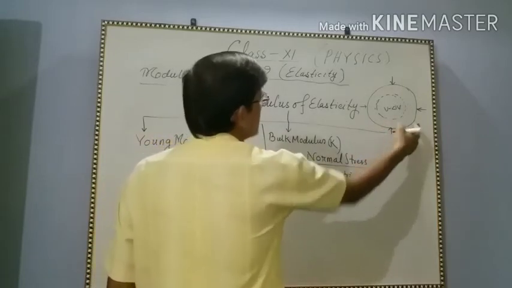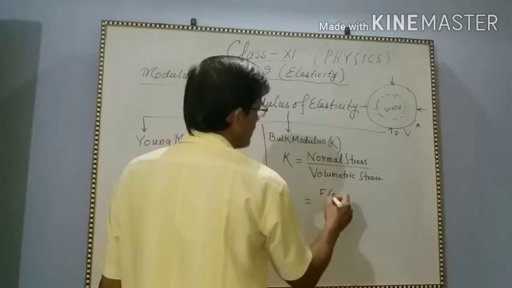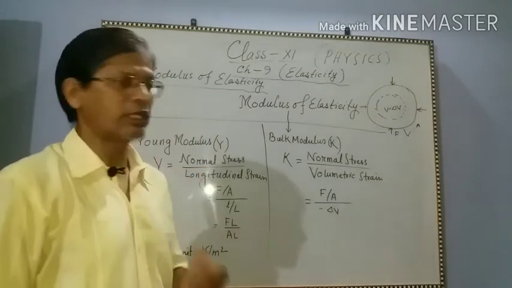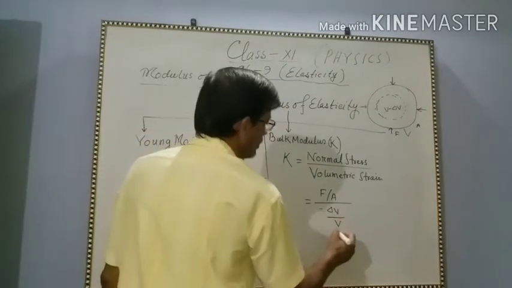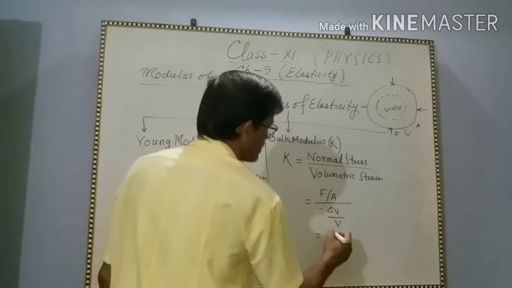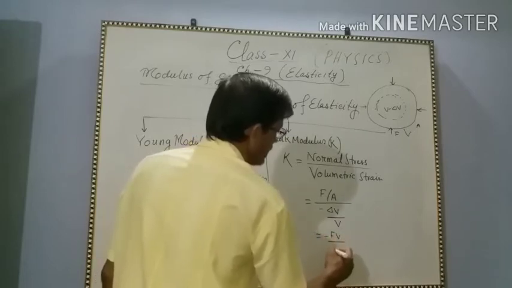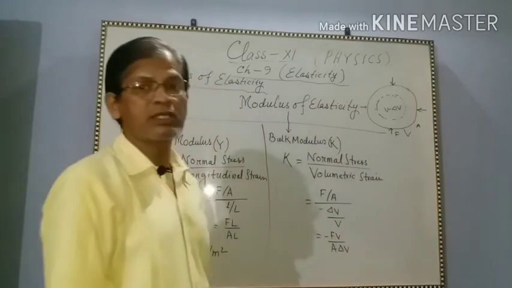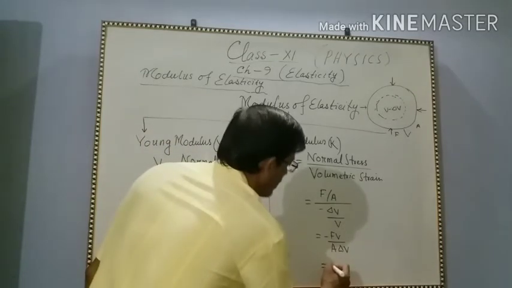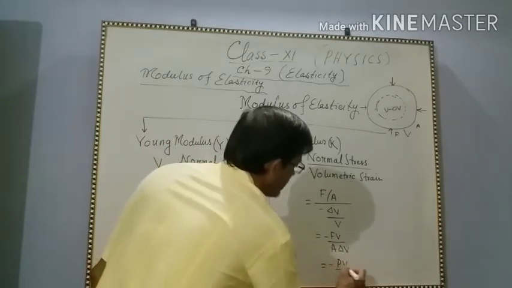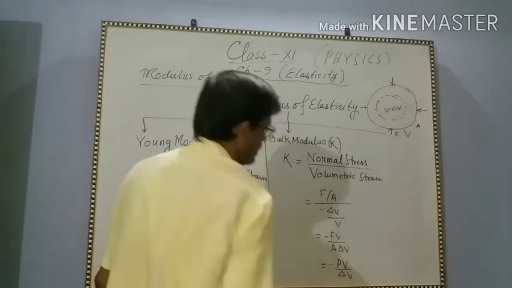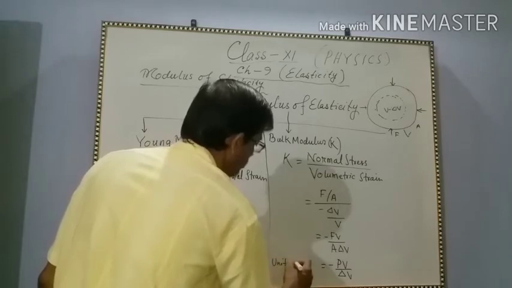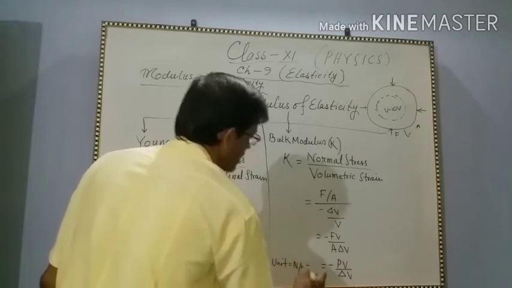F by A. Volumetric strain is minus delta V by V, because the volume is decreasing. So K is minus FV by A delta V, and F by A means pressure, so it is written minus PV by delta V. Its unit is also Newton per meter square, that means Pascal.